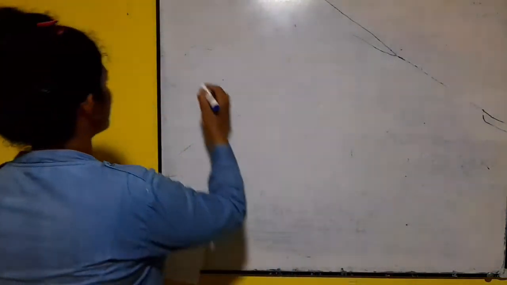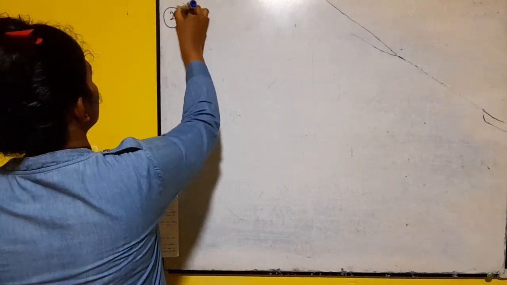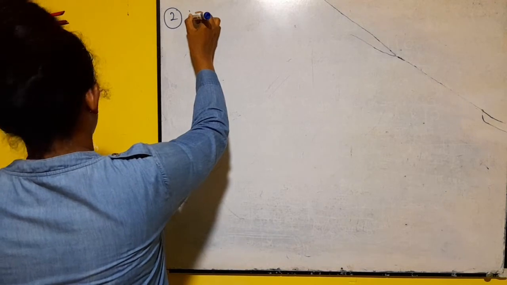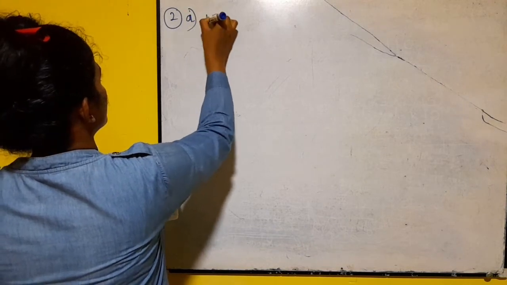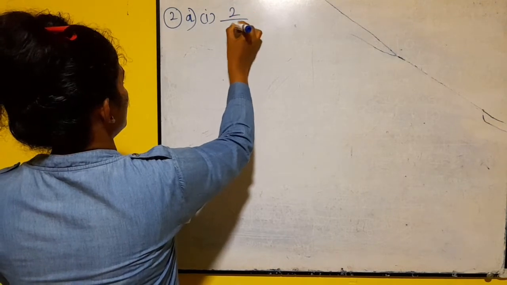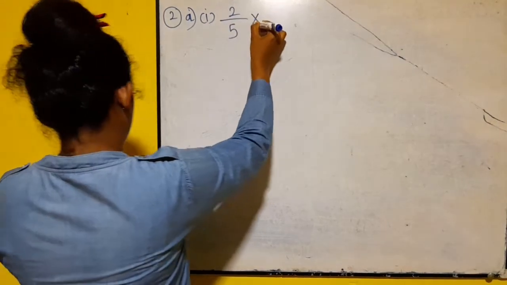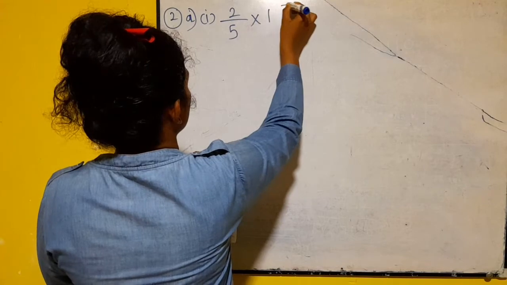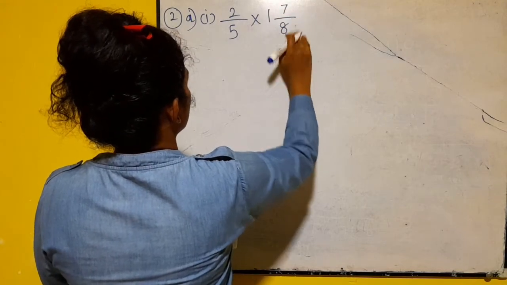Question number 2, A part, we are given a fraction to simplify. First question, 2 over 5 multiplied by 1 and 7 over 8.